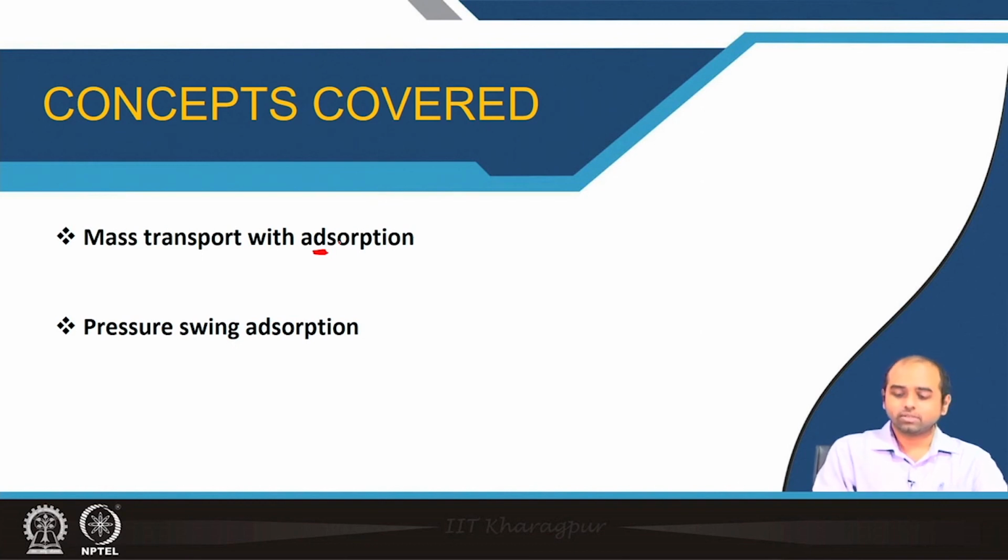These adsorption beds become saturated very quickly, and to regenerate them you need to depressurize them. So with pressure, adsorption happens and you get the production, and during depressurizing you have the regeneration step. This is generally followed in the pressure swing adsorption process, which is relevant for gas separations.